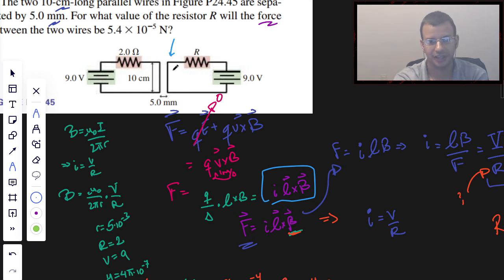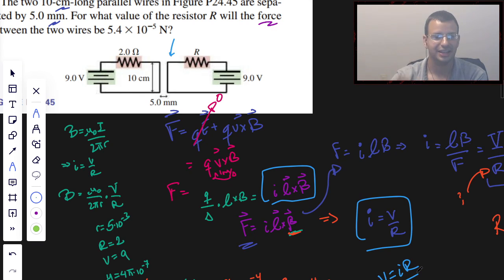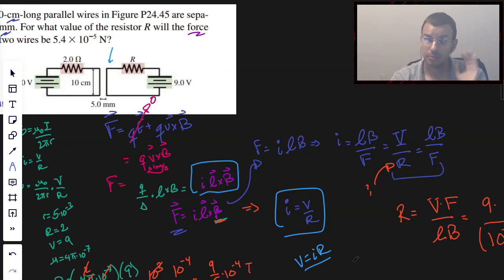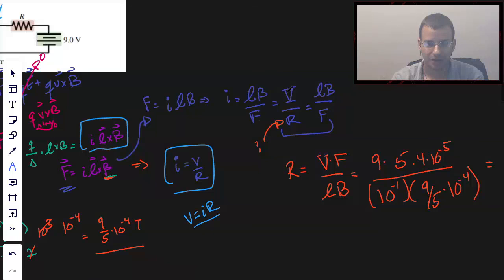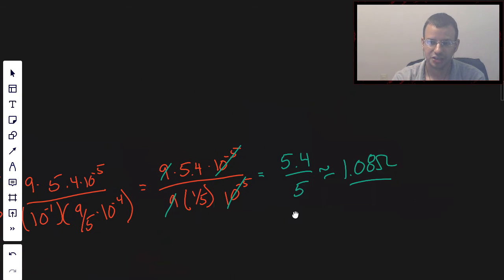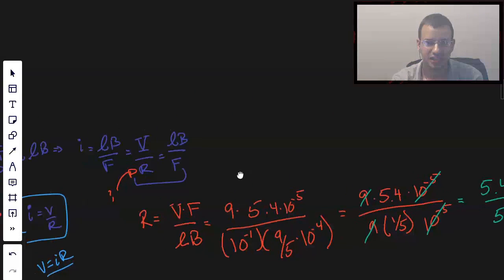That magnetic field is our B. We then want to find our current going through the right wire, so we know how much it would interact. And we found that using Ohm's law: I equals V over R. Also you can say V equals I R, both exactly the same concept. We then plugged everything in, did some algebra, and came up with the final answer, which was about 1.08 ohms.